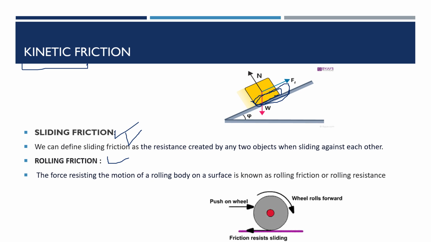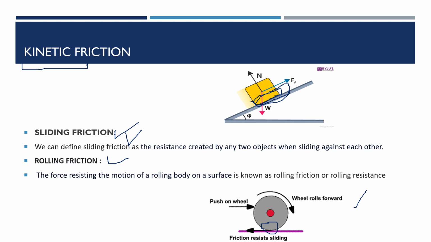But in the case of rolling friction, only some part of the body is in contact with the surface. Rolling friction is always associated with a sphere or circle form. When a body is in a sphere or circle form, this is known as rolling friction. Or we can say that when a body is moving in this condition, where its perpendicular area is touching the surface, that is also called rolling friction.